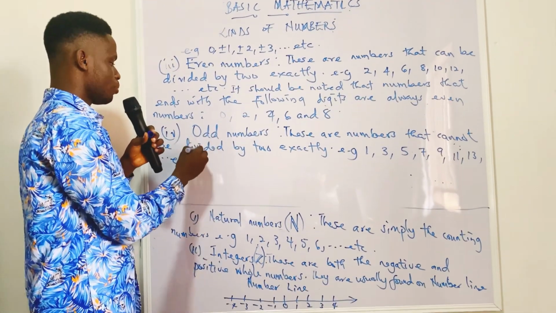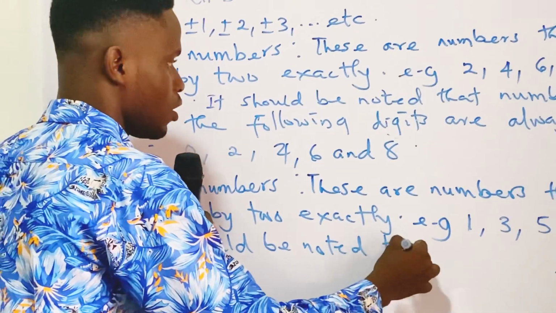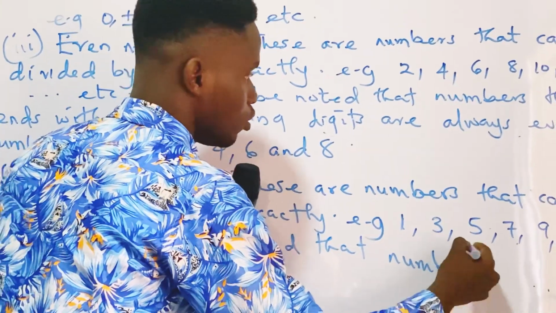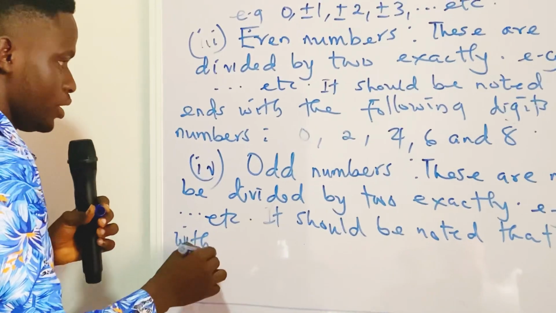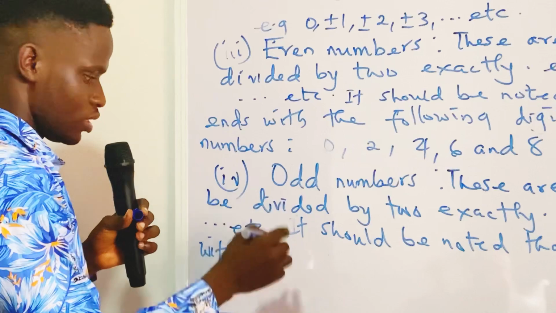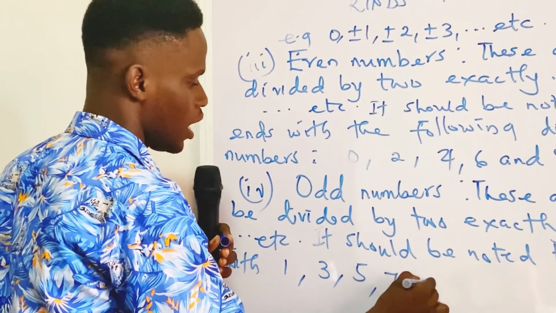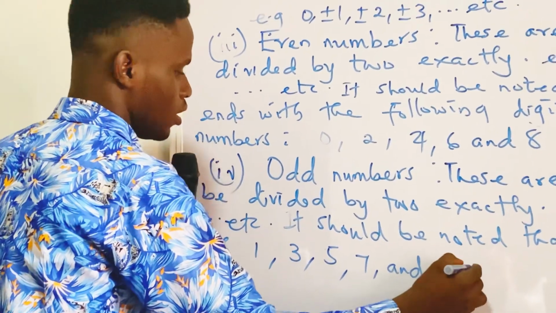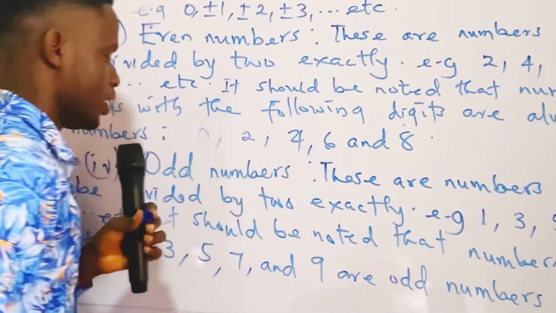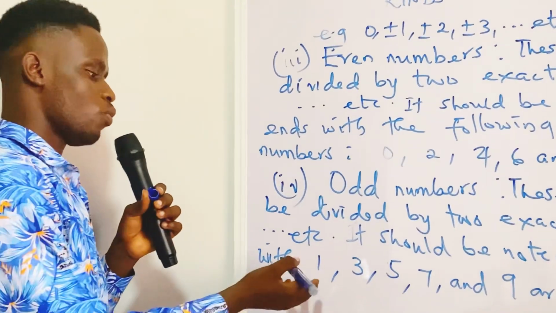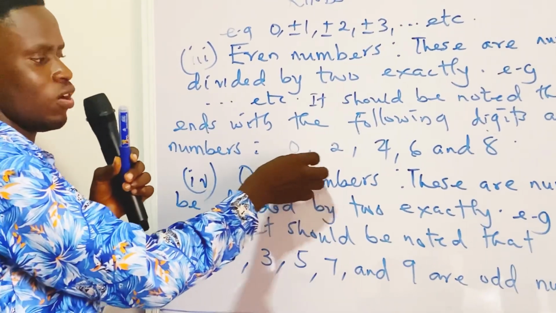In the case of odd numbers, it should be noted that numbers that end with 1, 3, 5, 7, and 9 are odd numbers, just as in the case of numbers that end with 0, 2, 4, 6, and 8.